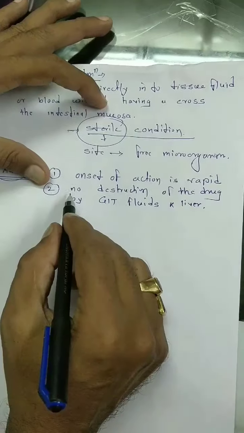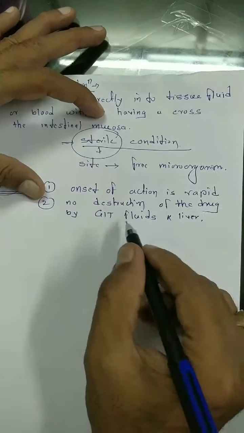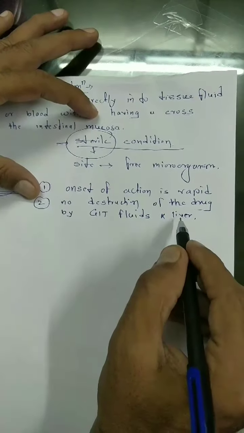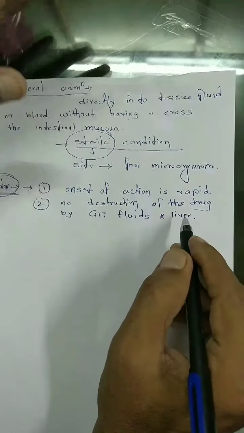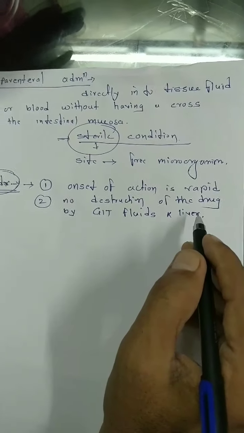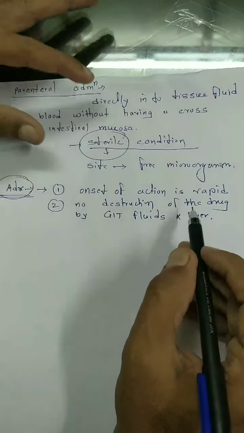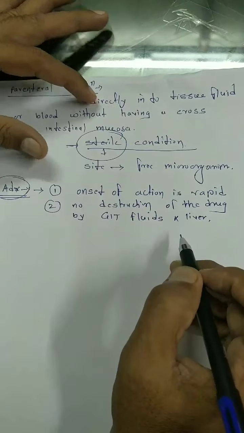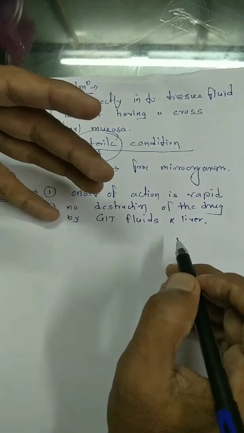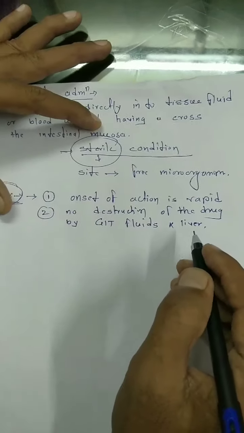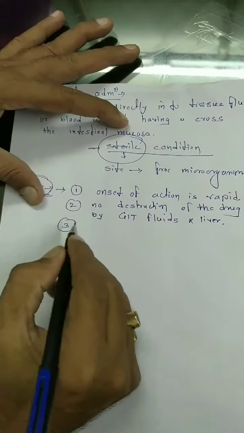Some drugs, if taken orally, are damaged and become inactive. Such drugs are given by this route, for example insulin and oxytocin, which are always used parenterally.